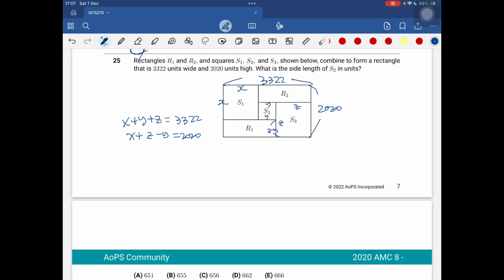Okay, so now we want to know what is y. So let's subtract them: this is 2y, which is 1,302, so y is 651. That's it.